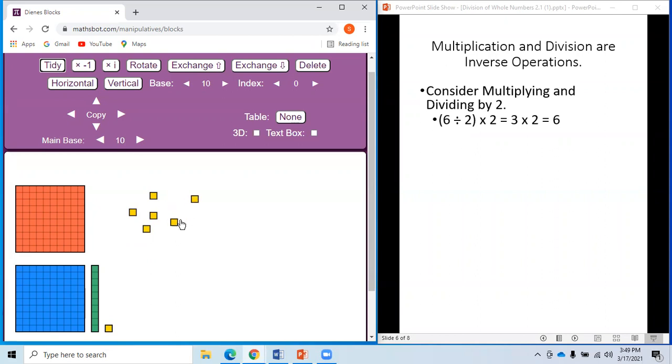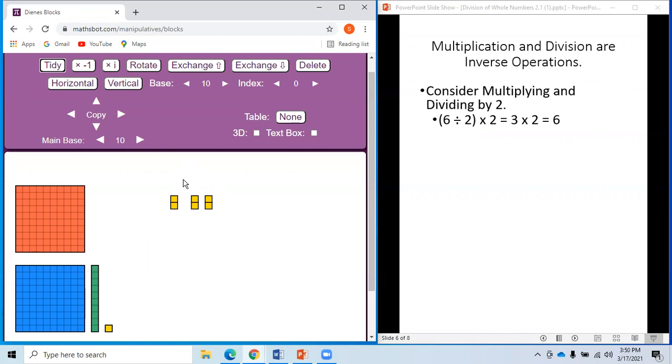I'm going to put my blocks into groups of 2. So I can see that I have 3 groups of 2. So 6 divided by 2 is 3.